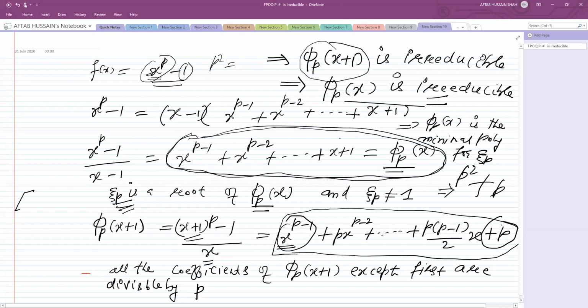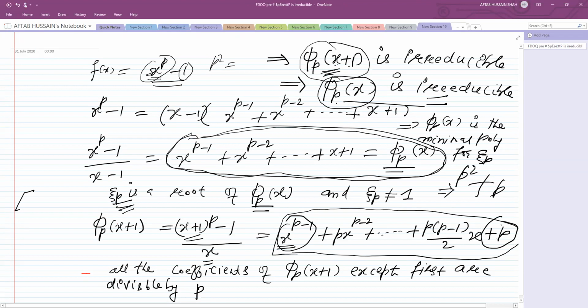Sometimes you are not able to apply Eisenstein's criteria directly to a polynomial. You apply this trick. You substitute x in the polynomial by x plus 1 and see whether the resultant polynomial is irreducible or not. If the resultant polynomial is irreducible, then the original polynomial is also irreducible.